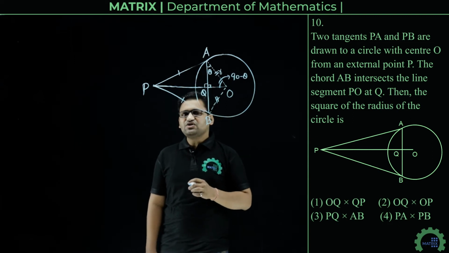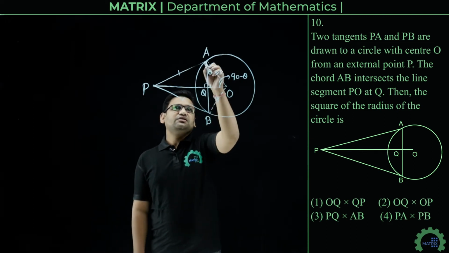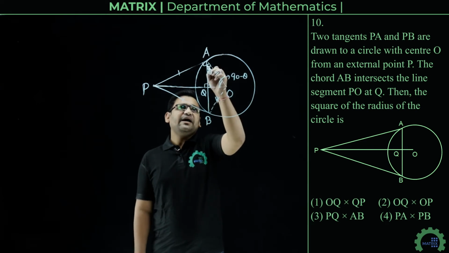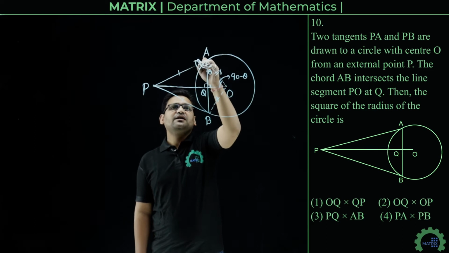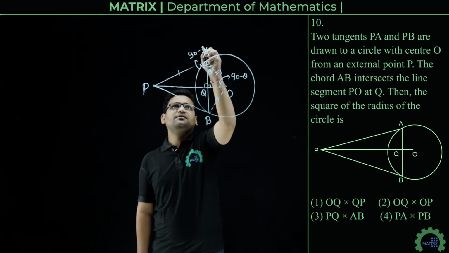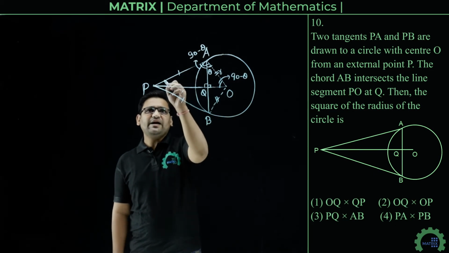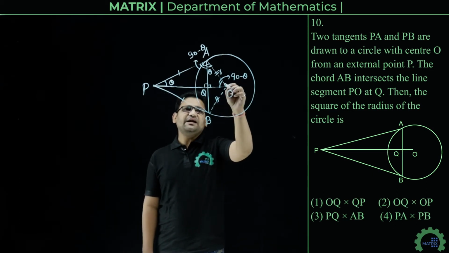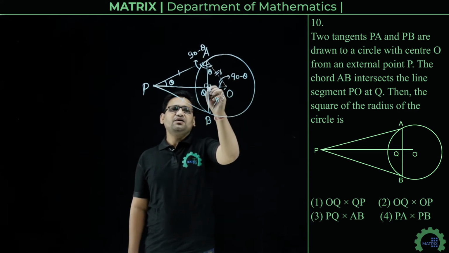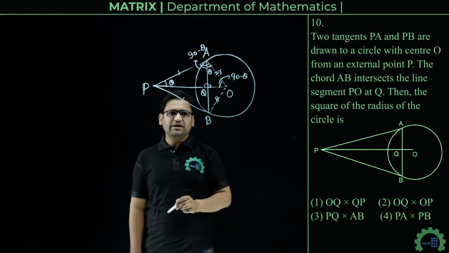And we know that the tangent is perpendicular to the radius at the point of contact, so this angle will be 90 degrees, and this angle is theta, so the remaining angle will be 90 minus theta. This angle is 90, this angle is 90 minus theta, so that angle will be theta. Hence we can clearly see that angle OAQ is equal to angle APQ, which is equal to theta.